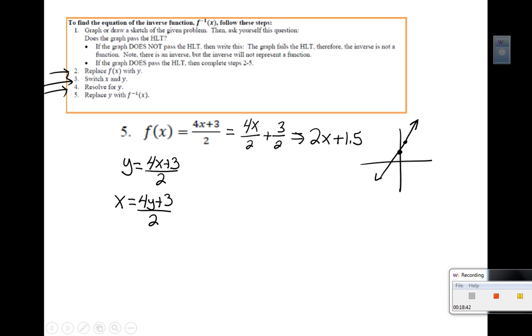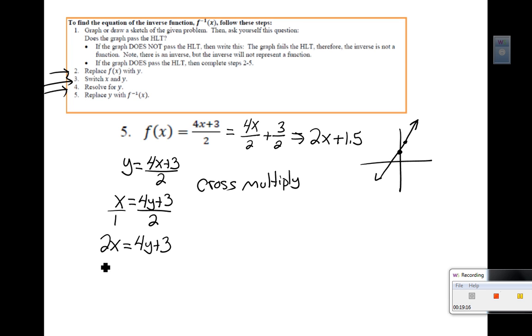Here's how to do that. Most of you already know. I'm going to put that x over 1, and I'm going to cross multiply. When I cross multiply, here's what I've got. I'm going to have x times 2, so I'm going to have 2x equals 4y plus 3 times 1. Now my fractions are gone. Now solve this thing for y.